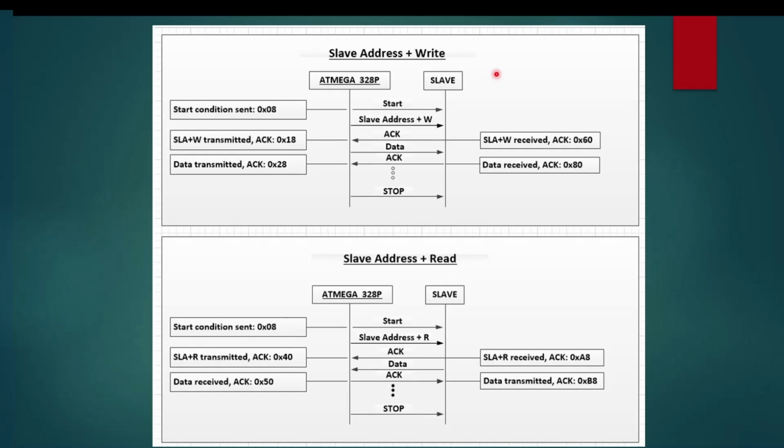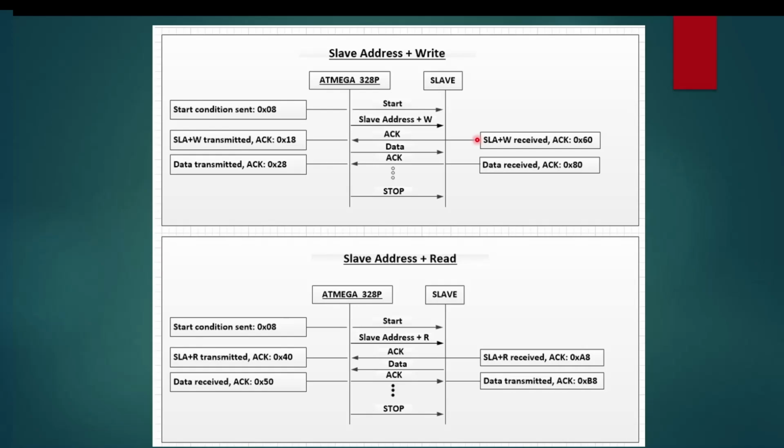Now let's look at this operation from the slave point of view. A slave just sits monitoring the status register until it gets a hex 60 code. When it gets that, it knows that it has received its own address with a write command.